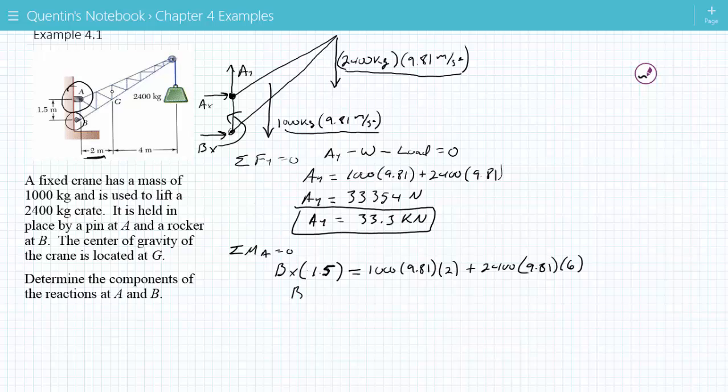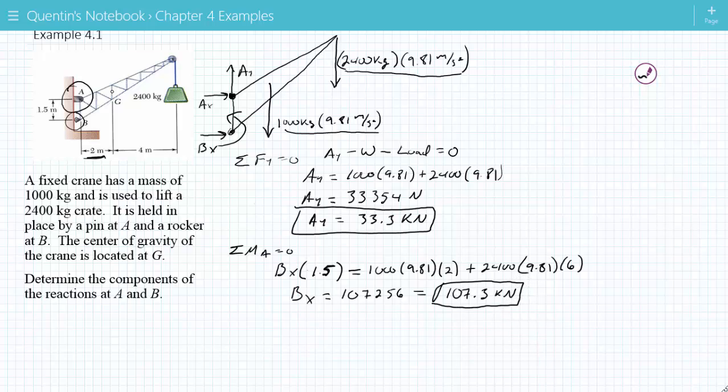And so BX ends up being equal to 107,256, or 107.3 kilonewtons. So that's BX.